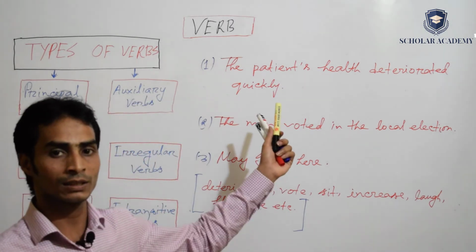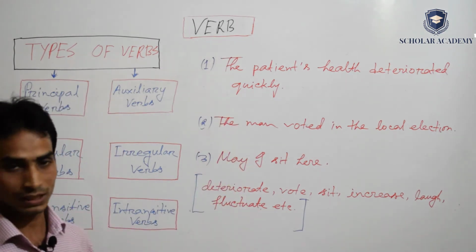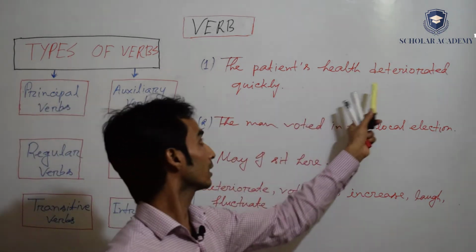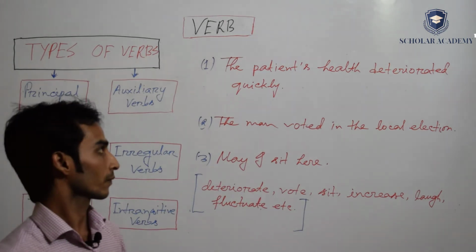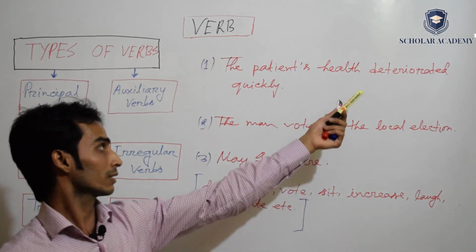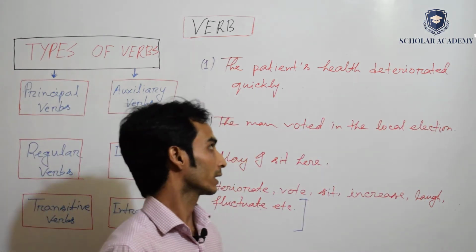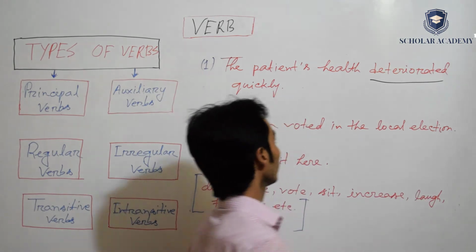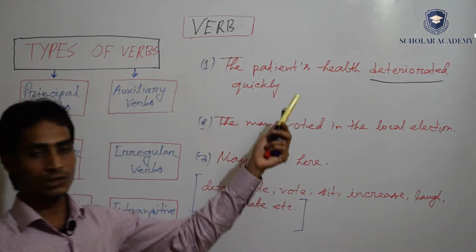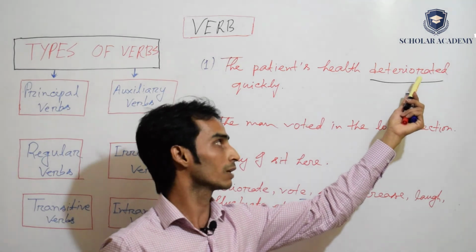So let's look at some examples of intransitive verbs. The patient's health deteriorated quickly. Some students think that quickly is an object of the verb deteriorated.